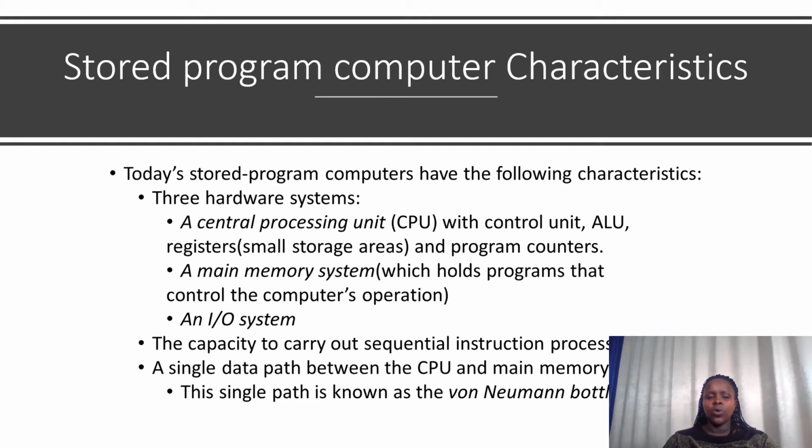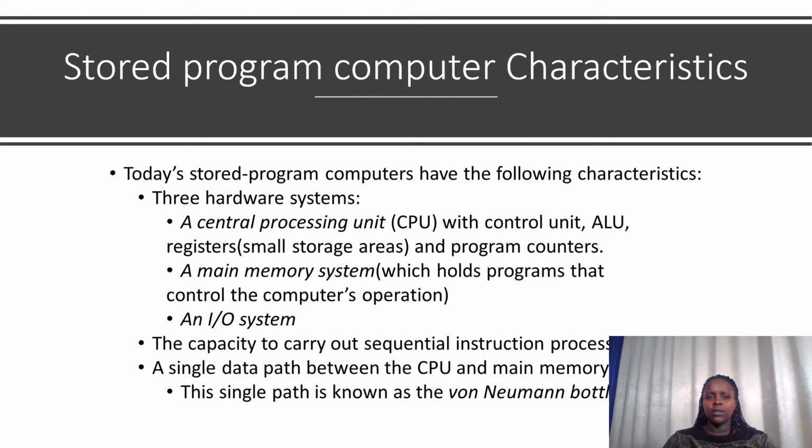It has also a main memory system which holds programs that control the computer's operation, and it has the input and output system. Remember that the hardware is the physical or tangible part of a computer.